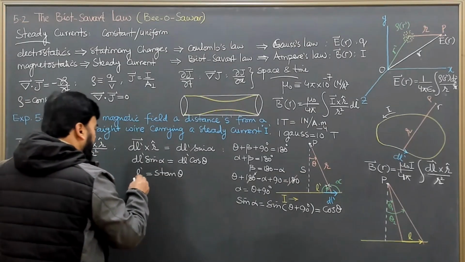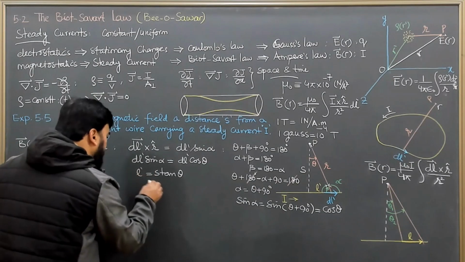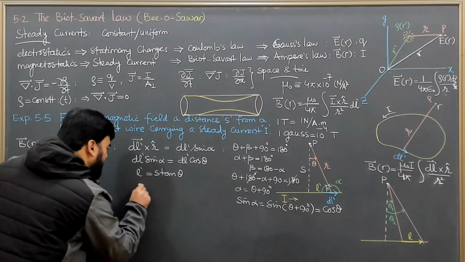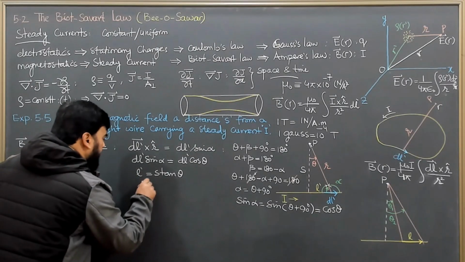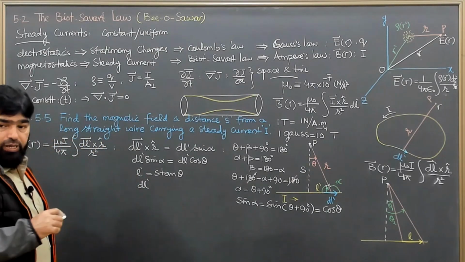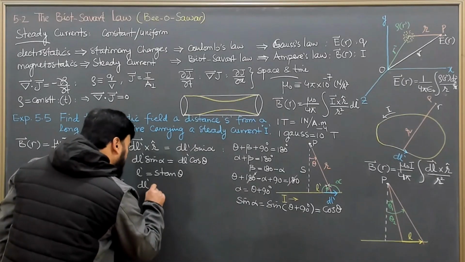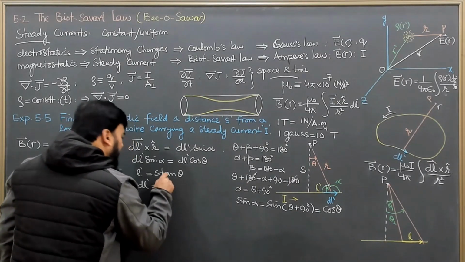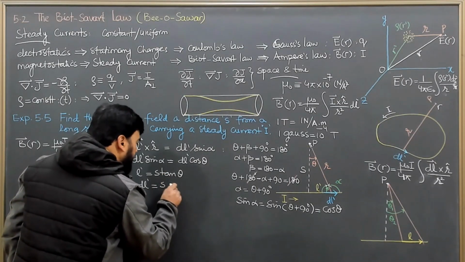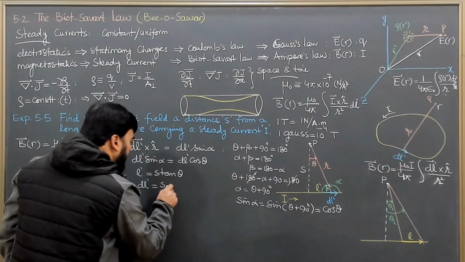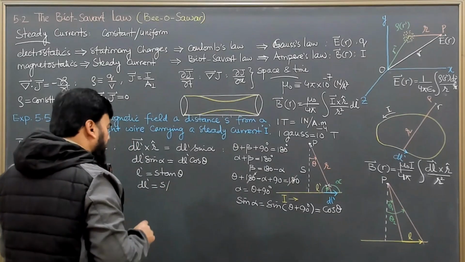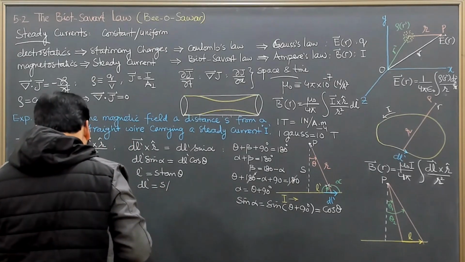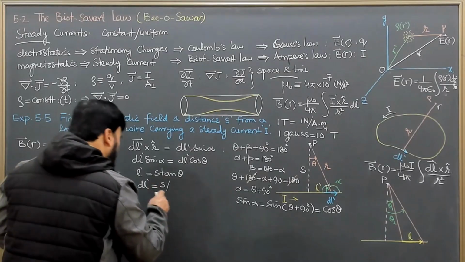So if I differentiate this with respect to theta, then this is the derivative of L prime, and S is constant, and this will be secant square theta, which I can write as 1 over cos square theta.